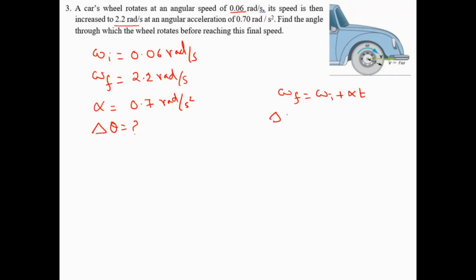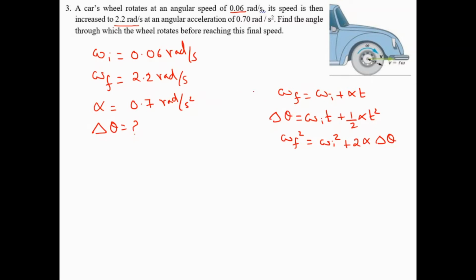The second equation is delta theta, the displacement, which is equal to omega initial multiplied by t plus half alpha t square. And the third equation is omega final square, which is equal to omega initial square plus 2 into alpha into delta theta. So for that, we have to identify which equation is exactly easy for getting the answer.